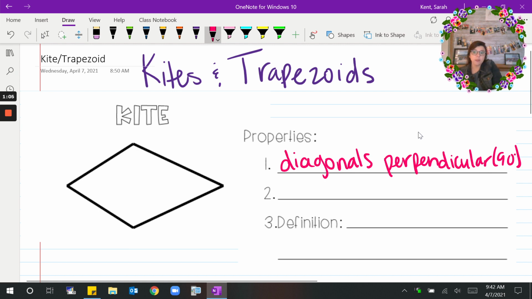We talked about this with the rhombus. So these diagonals really won't look like diagonals for a kite, but it's where it goes from one angle across to the opposite angle. So that means they meet at that 90 degrees. So all 4 are 90.